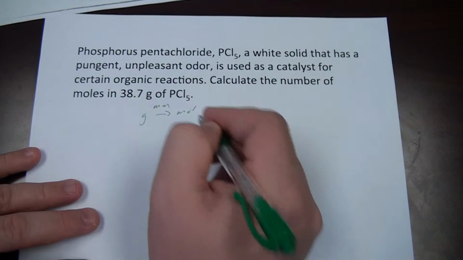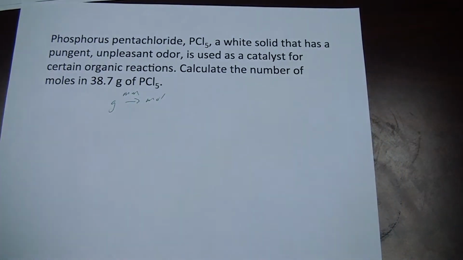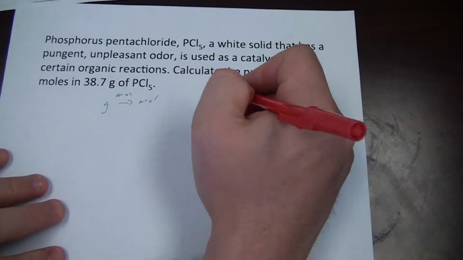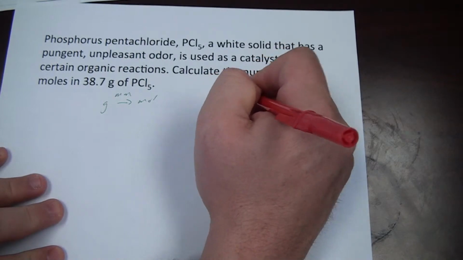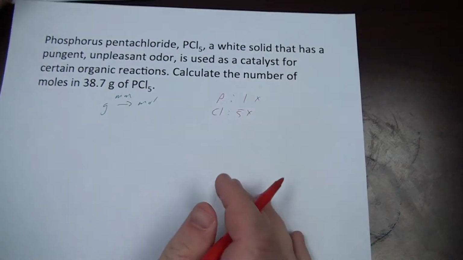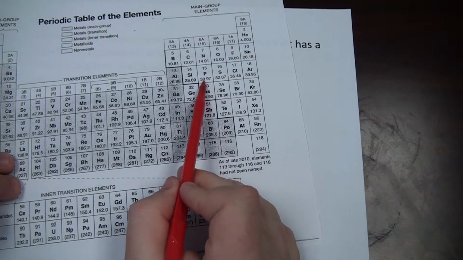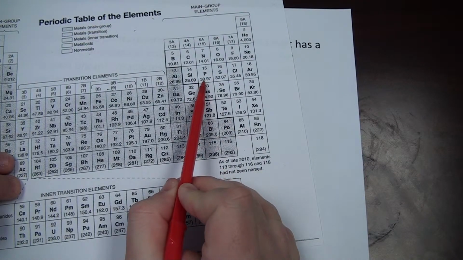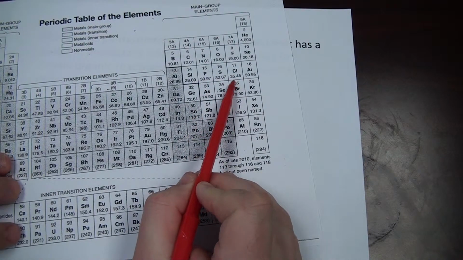This again uses the molar mass. So calculate the molar mass of PCl5. 1 phosphorus, 5 chlorines. From the periodic table, phosphorus is 30.97, chlorine 35.45.